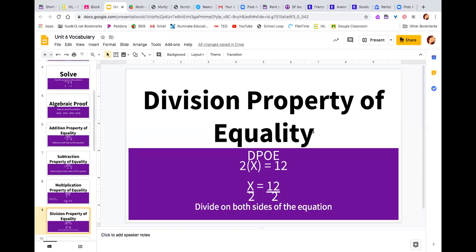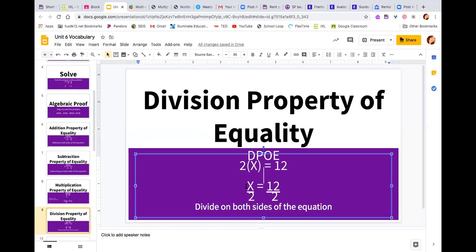So division property of equality, we call it DPOE, and it means we're dividing on both sides, keeping it equal, then we're canceling it out. Oh look, there's a typo. It's supposed to have a 2 right there, isn't it? It is. That was supposed to have a 2. Okay. Whoops.